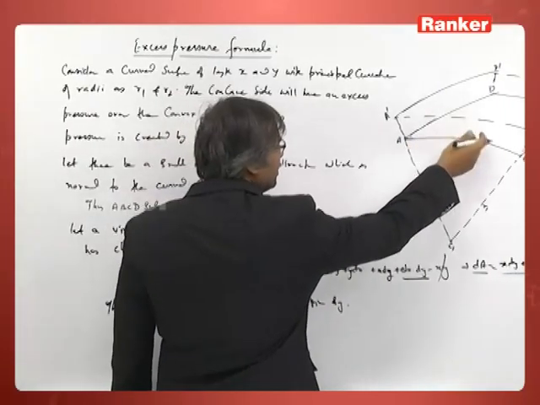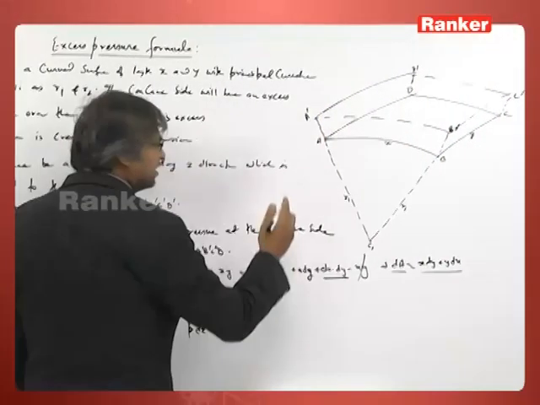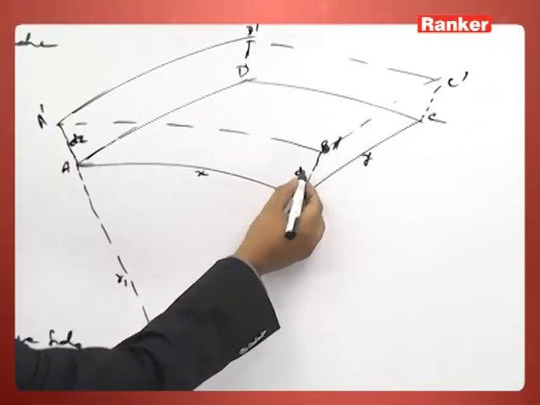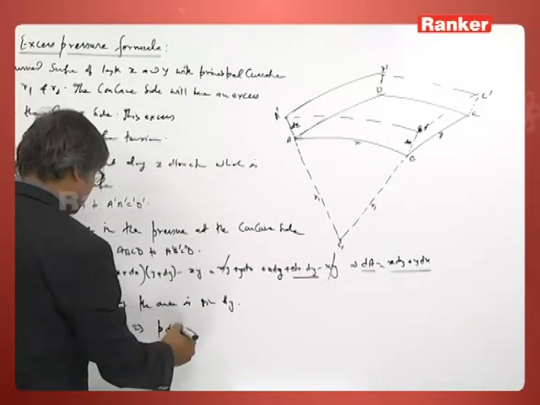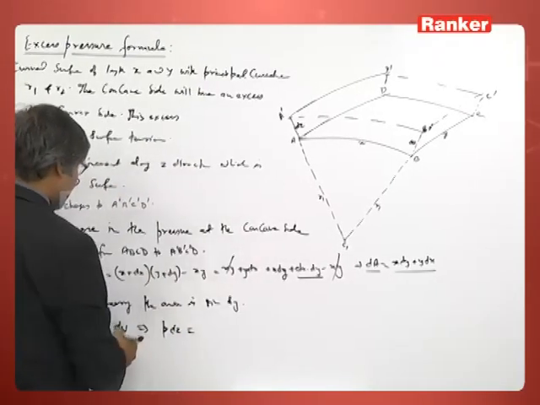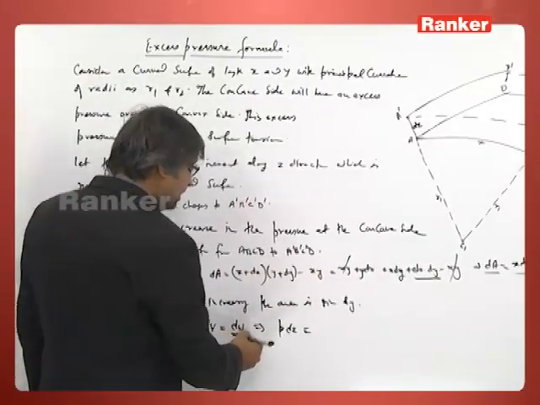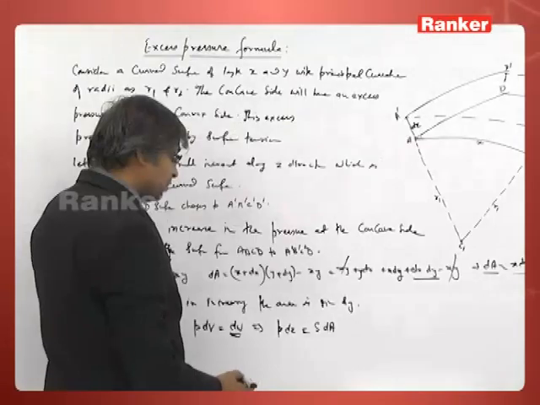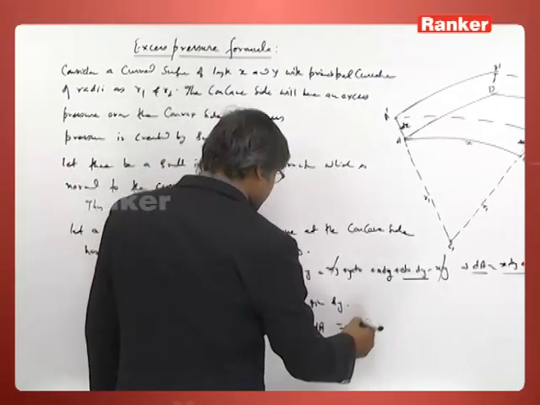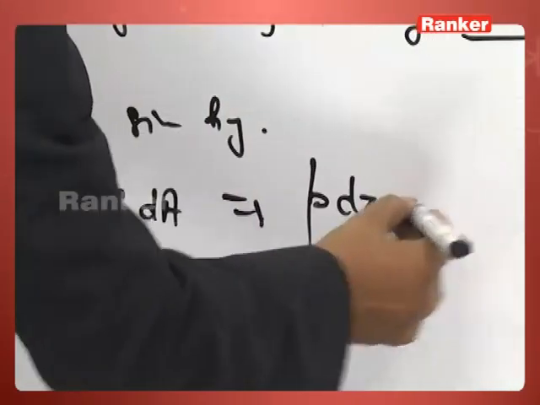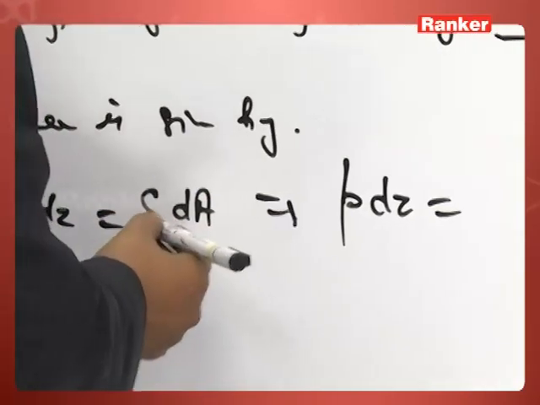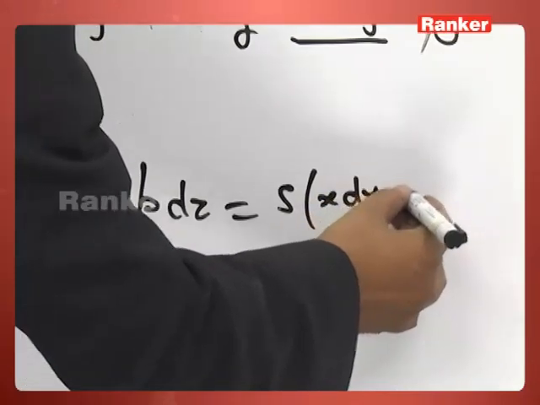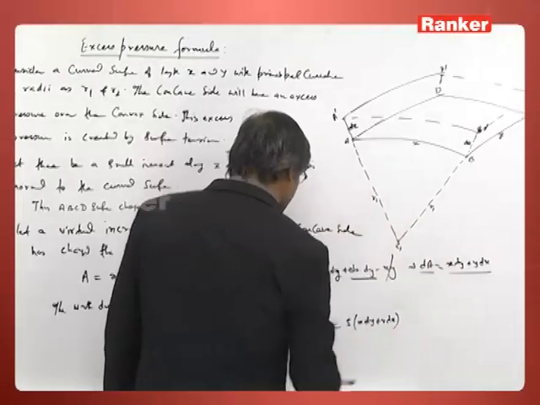Suppose in this direction it has increased by a distance dz. So, P into dz is equal to the work done, and that work done is equal to surface tension into the change in area. That implies P dz is equal to S dA, where dA is x dy plus y dx.